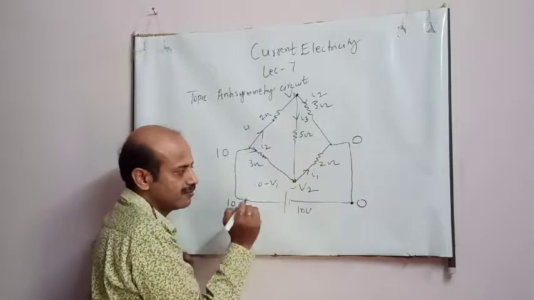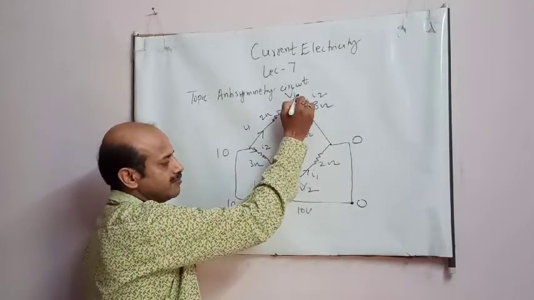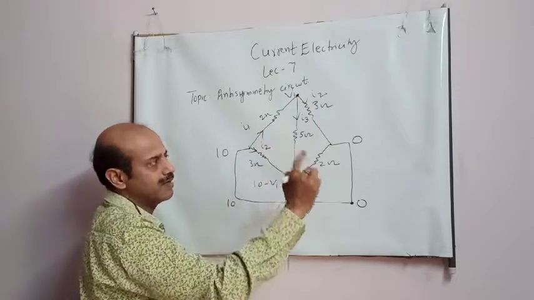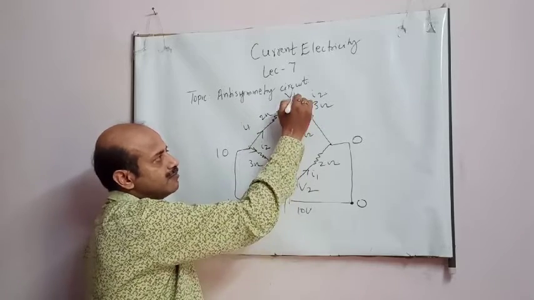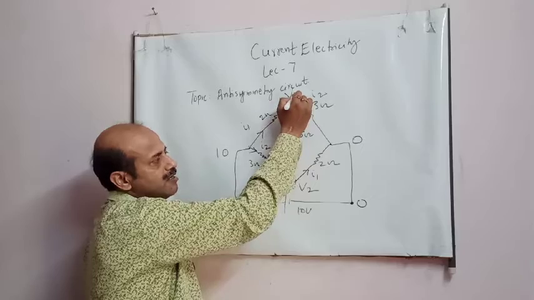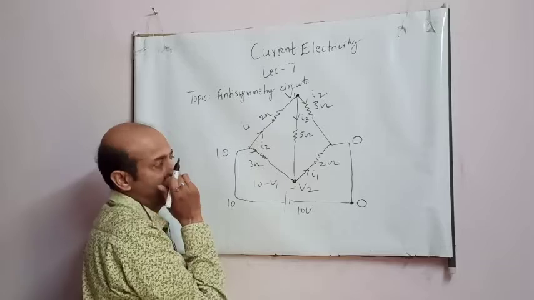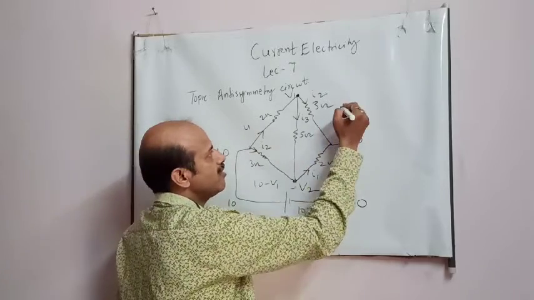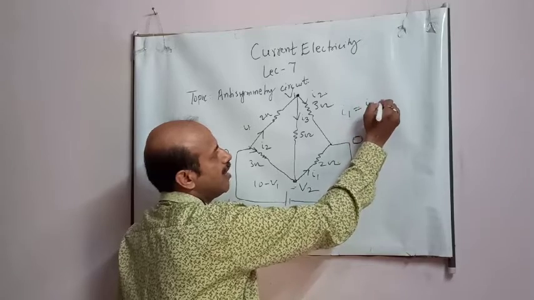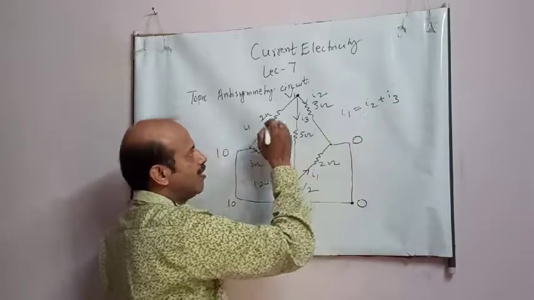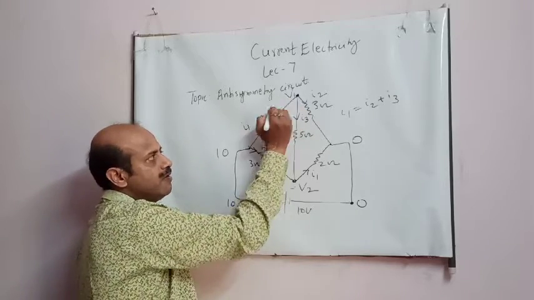It is 0 here. Now, student, I will apply the junction rule here. See, only one variable, one equation. I1 is towards the junction, I3 is away from the junction, I2 is away from the junction. So the junction rule is, student, I1 equals I2 plus I3. Now, how much is I1, student? V upon R, 10 minus V1 upon 2.